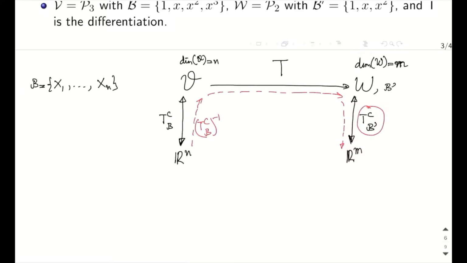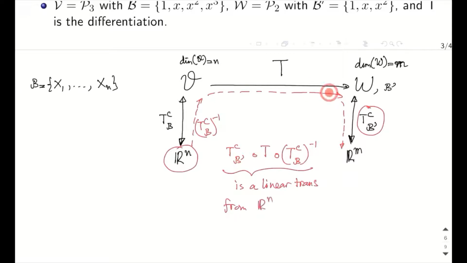So it's like you consider the composition: TCB inverse, then T comes after, and then TCB prime comes after. Because T is linear and these are linear, the composition is a linear transformation from Rn to Rm.